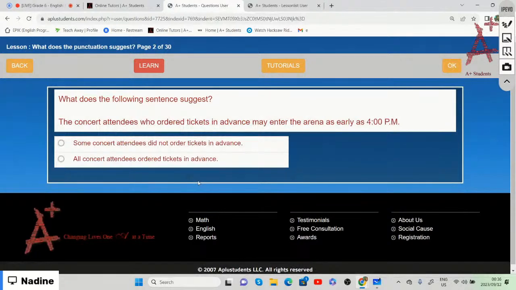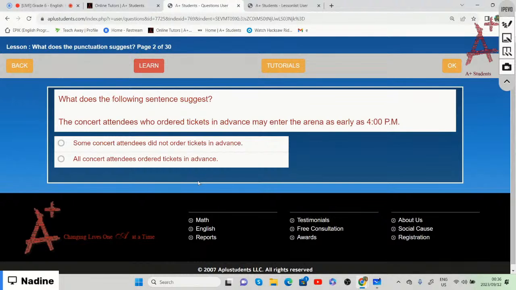The concert attendees who ordered tickets in advance may enter the arena as early as 4 p.m. So what does the following suggest?